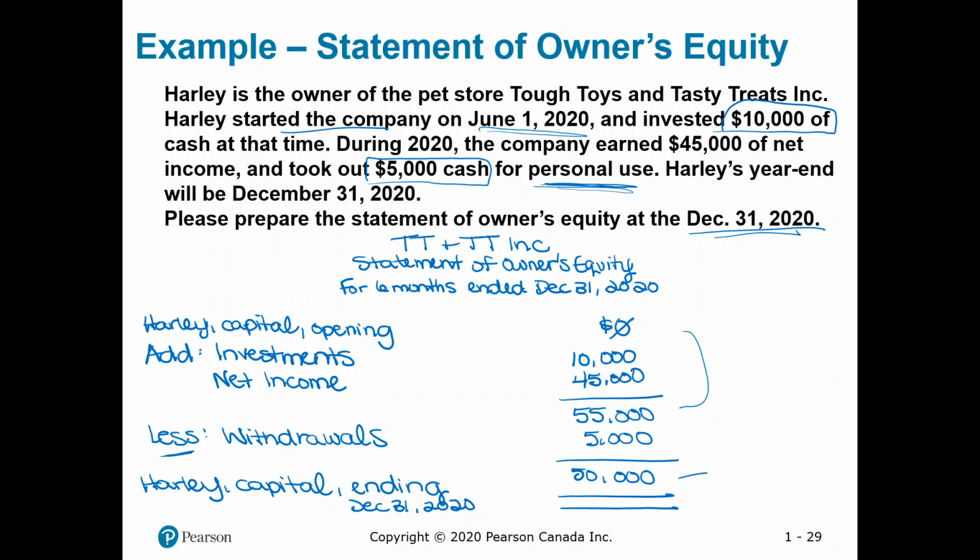That's her claim to any of the assets of the business. And next year, when we get to the end of 2021 and we're creating the statement, this $50,000 would become our opening balance in that following year. So when we create the statement for 2021, our opening balance up here would be this $50,000. So this carries over year over year.